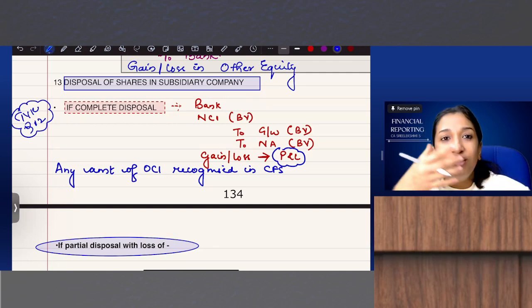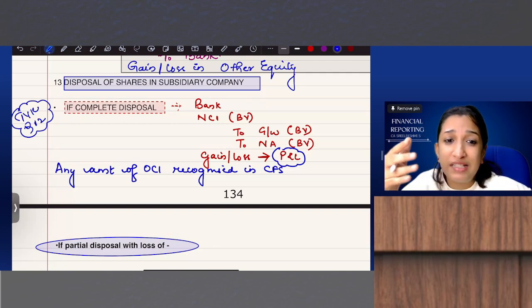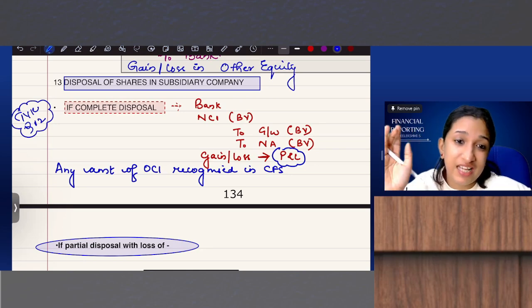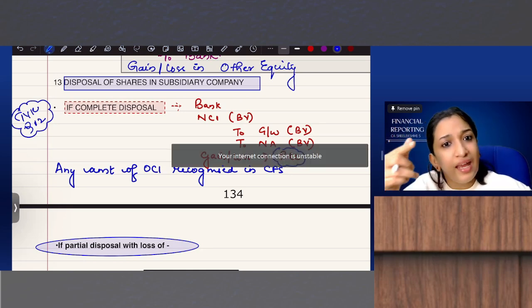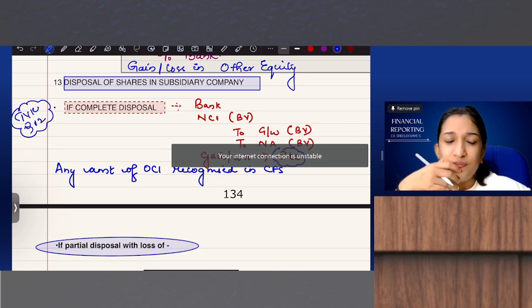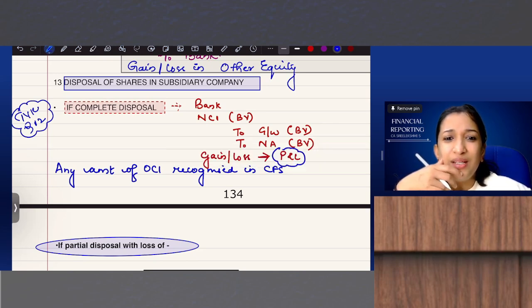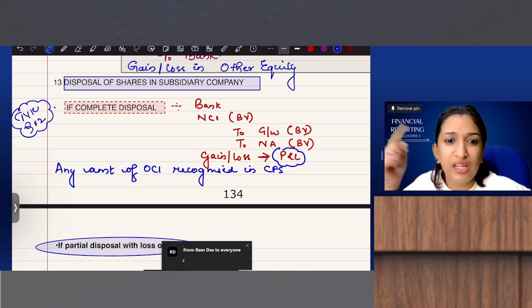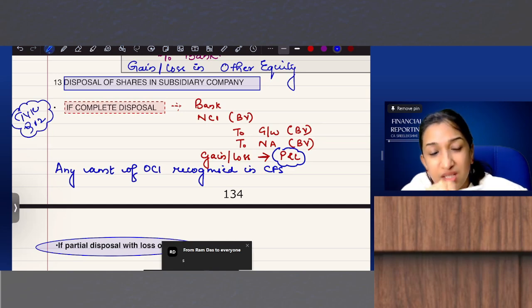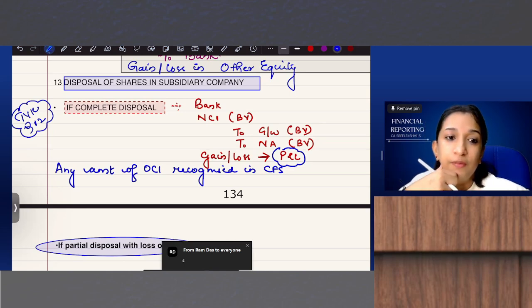See, in our consolidation questions, it's always general reserve, P&L, retained earnings, reserves, that's it. But what if it is an OCI item? Then I'll take again 90%. Are you understanding what I am telling now? If you have 80% in the subsidiary, the subsidiary's OCI at 80% will appear in your books.